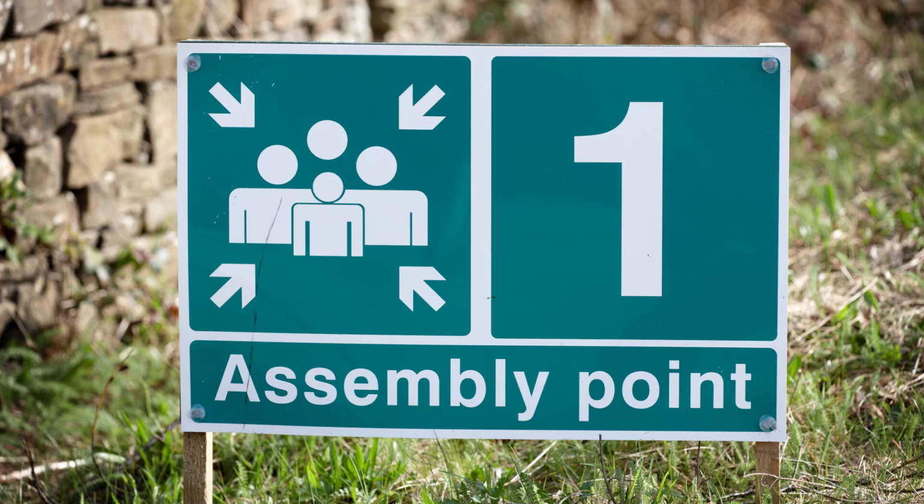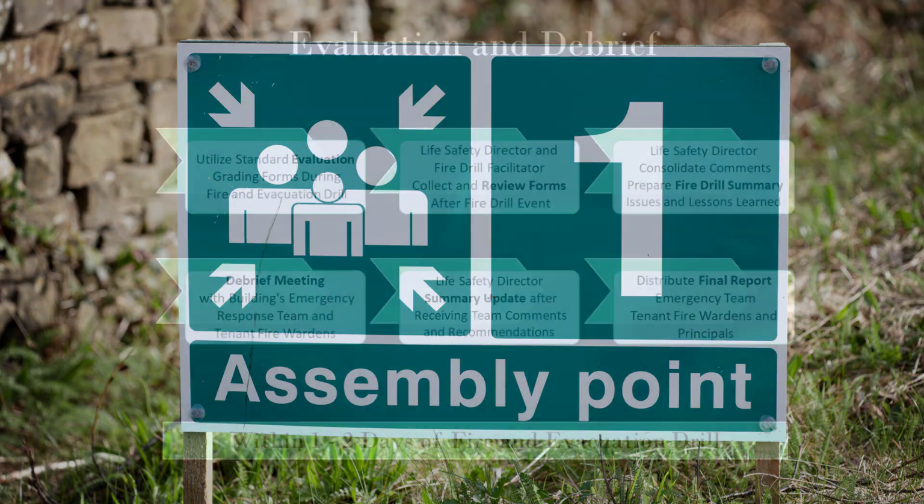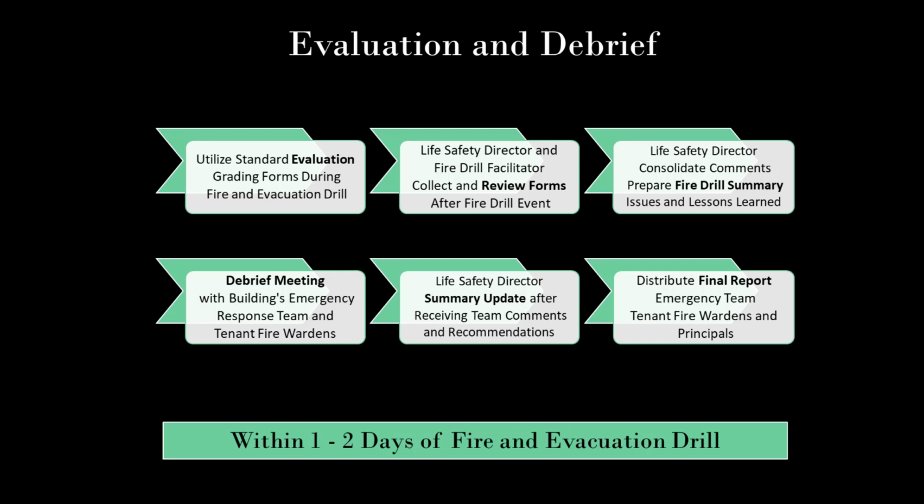A key component of the fire and evacuation drill event is assessment of fire system functional performance and building tenant response actions. During the fire drill, standardized forms guide evaluators in documenting life safety system performance and tenant evacuation. The life safety director will ensure evaluation forms are distributed to the emergency response team prior to the drill.